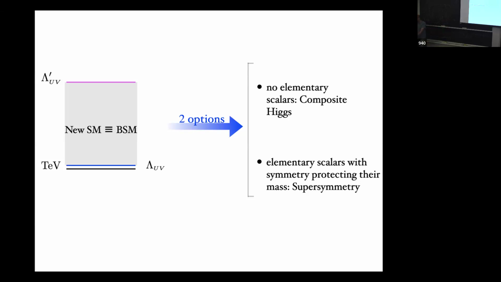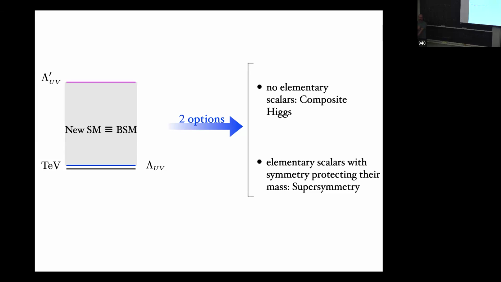No, go ahead. So there are these two main scenarios that try to address that: compositeness and supersymmetry. If you want, compositeness realizes a natural hierarchy by the mechanism of marginality I was discussing yesterday.